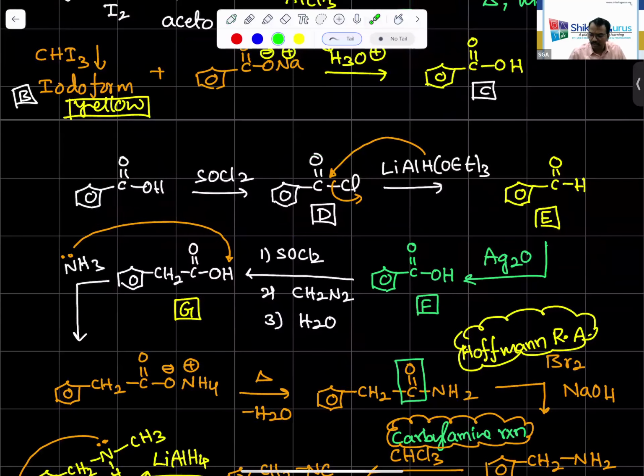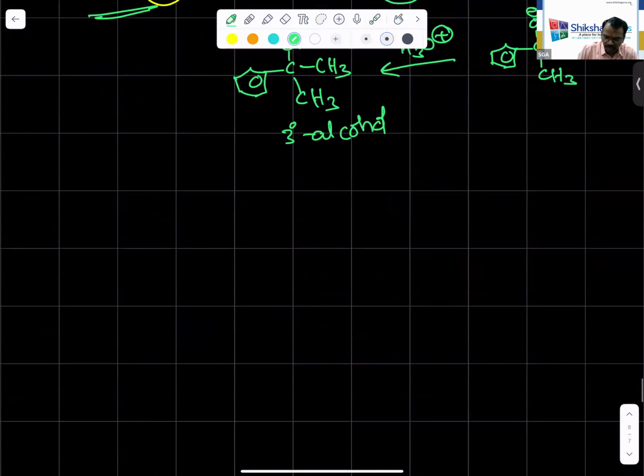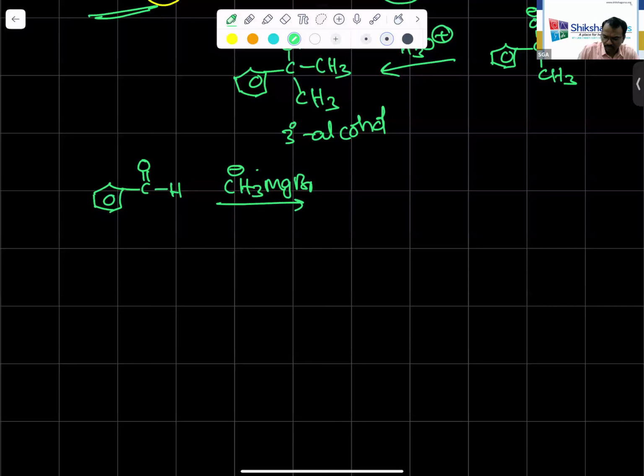Okay. Next, it is aldehyde. Now, what is the reaction of aldehyde with Grignard reagent? Here it is aldehyde, benzaldehyde. It is treated with Grignard reagent. What will happen? Pi bond electron polarizes towards oxygen, C minus and C plus, and between them bond formation takes place.